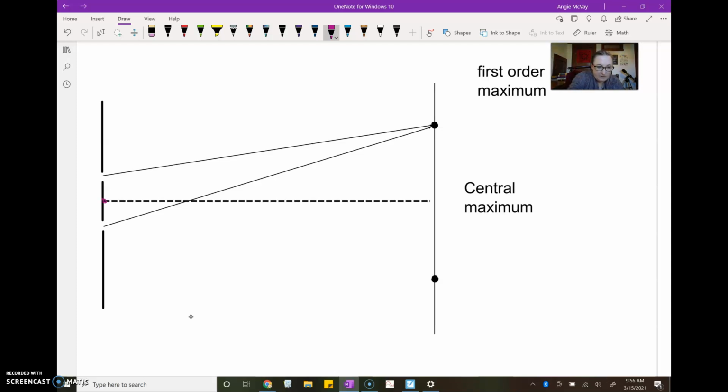What if we follow a ray from right here, right where this distance is d, and this is our angle, and actually let's do this from the center, following a ray from the center like I was going to do before.